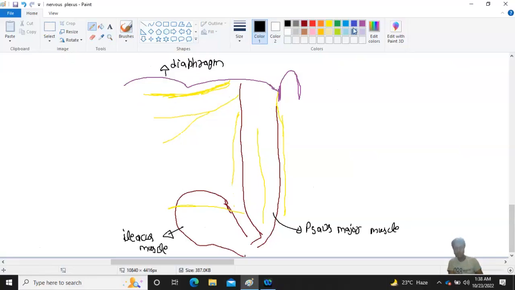First, let's name them. This is the subcostal. This is not a plexus part, but we draw it. Plexus, subcostal nerve. This is the iliohypogastric. Ilioinguinal nerve.